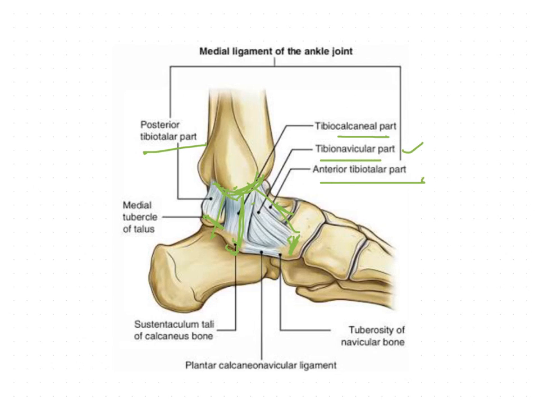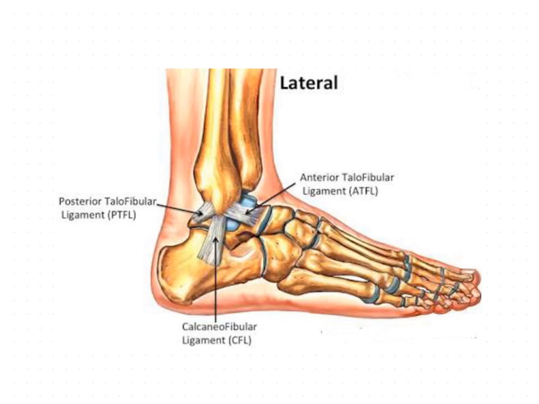The deltoid ligament is very strong, and excessive tensile forces on the ligament result in avulsion fracture. So the ligament is prone to injuries in inversion. So this is about the deltoid ligament, and we will move on to the lateral ligament.